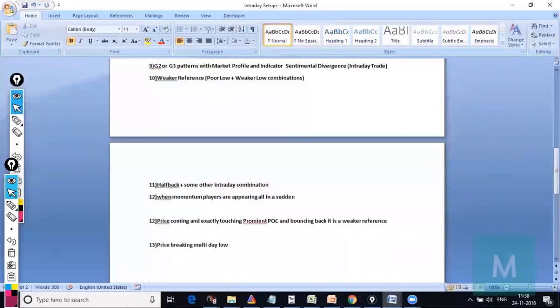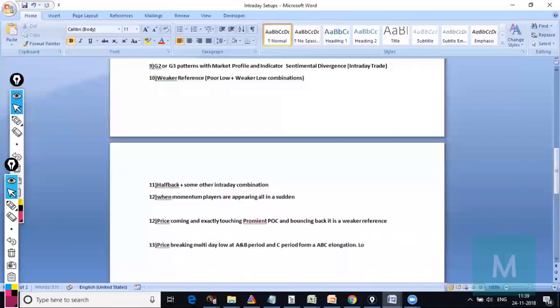Multi-day low at A and B period, and the C period forms an ABC elongation.